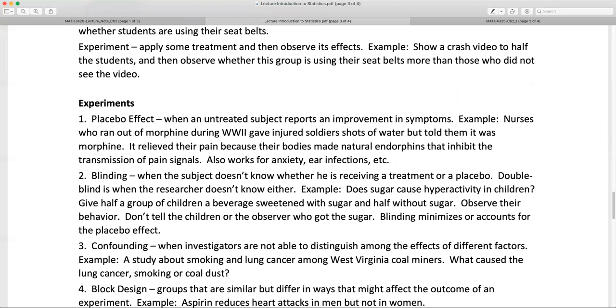Now another example is ice cream and drowning. Is there any correlation between ice cream and drownings? In an observational study, we observe past data to conclude that ice cream causes drownings, based on data showing that increases in ice cream sales are associated with increases in drownings.